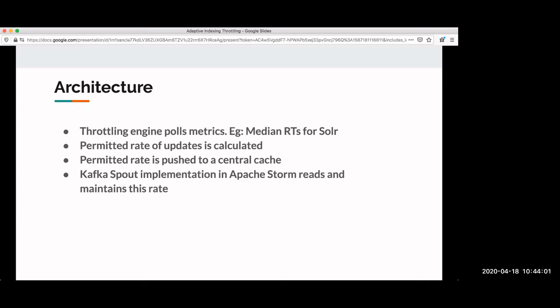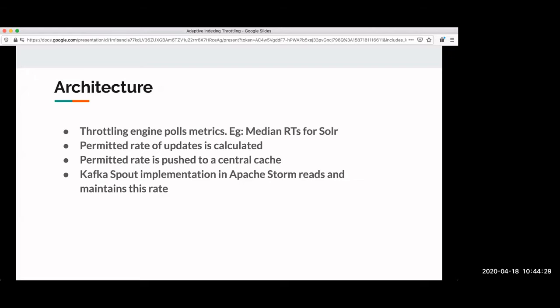Then it will use some algorithm, do some calculation, and come up with a rate of updates. It will say, okay, the response time of Solr is say 100 ms, and these are the other parameters. So depending on these parameters, I think Solr should be able to do 1000 updates per second at this point in time. So we took the metrics from the read performance and converted them into a permitted rate of updates.